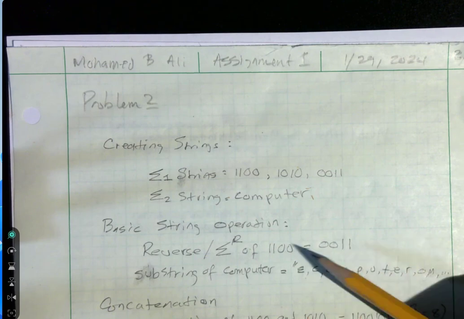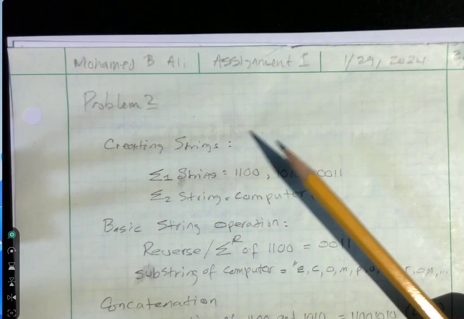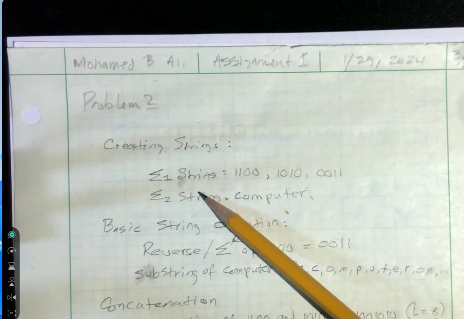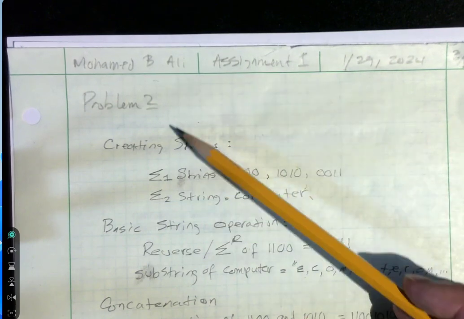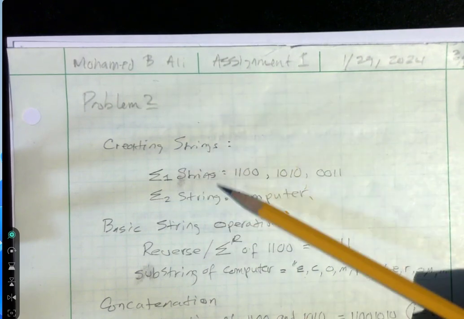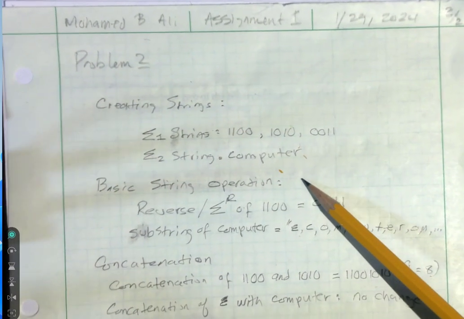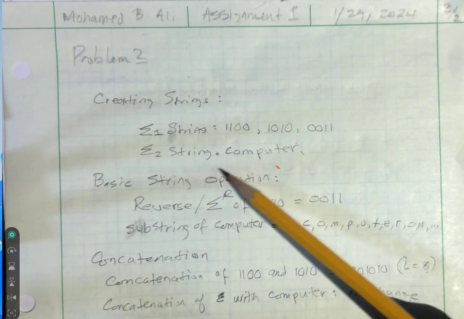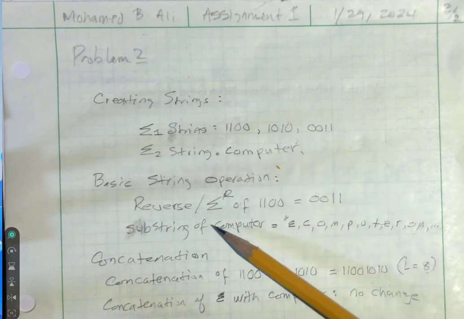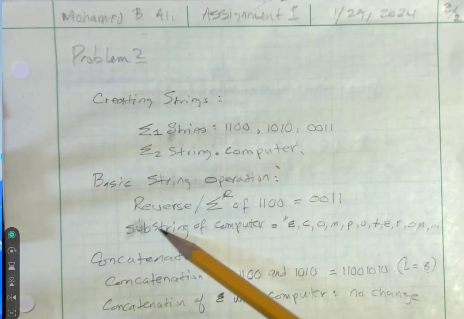And so here's the problem. I did it on my engineering papers. Make sure that you fill in the top row. So here are the strings. I used 1100, 1010, 0011 as I did at the beginning. And then string 2 is computer, or the word computer. Basic string operation, he wants the reverse.